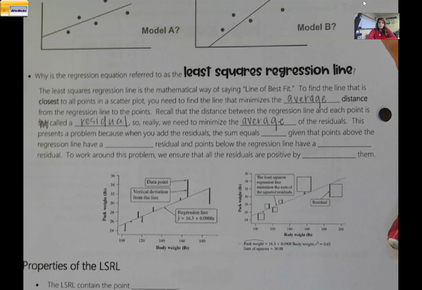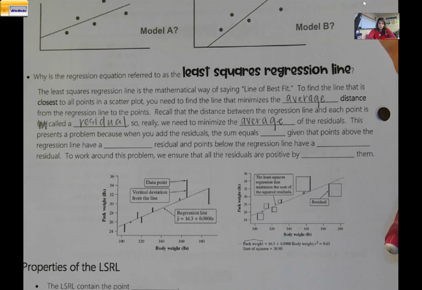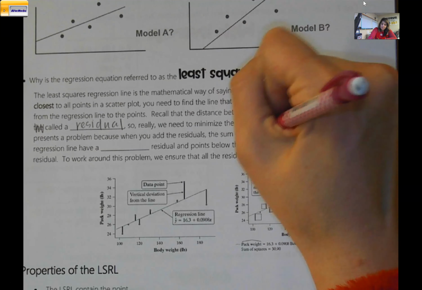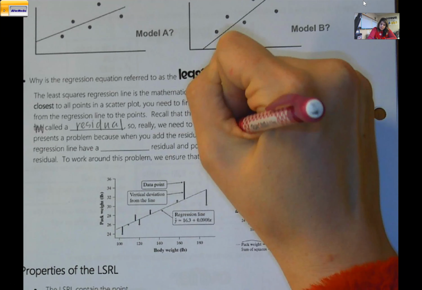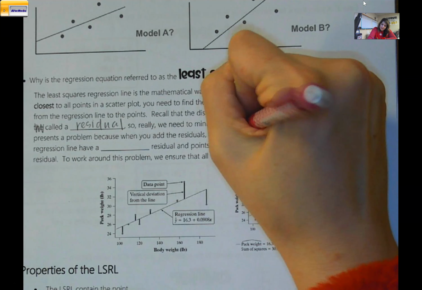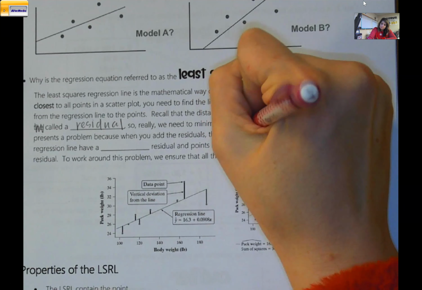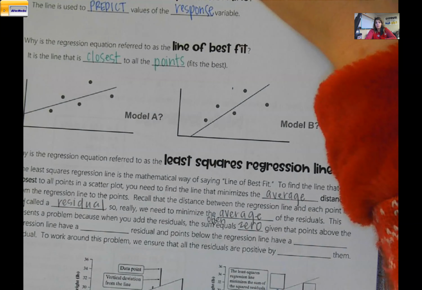This presents a problem because when you add the residuals, the sum often equals 0. Now, I think we should write in the word often because the sum does not always equal 0.